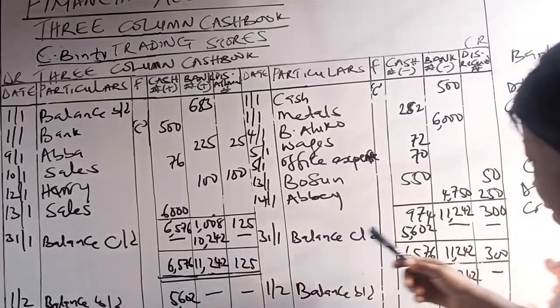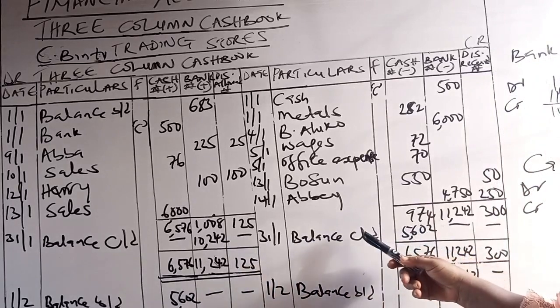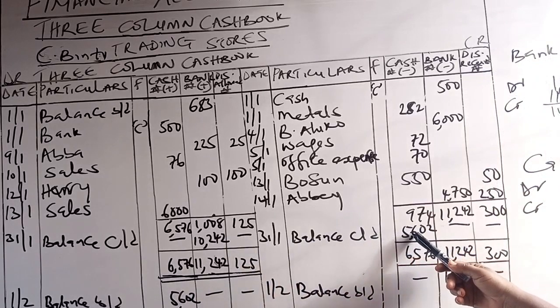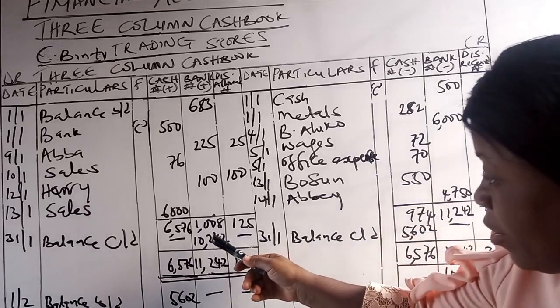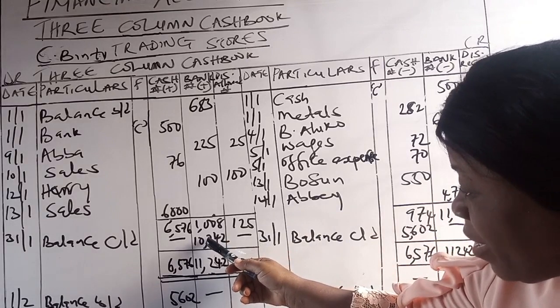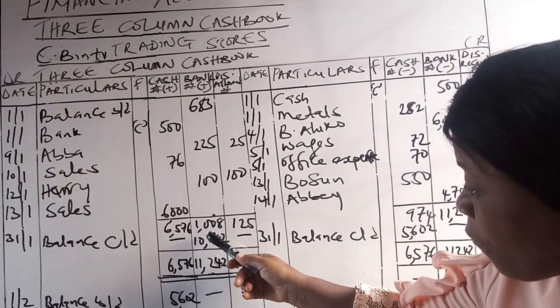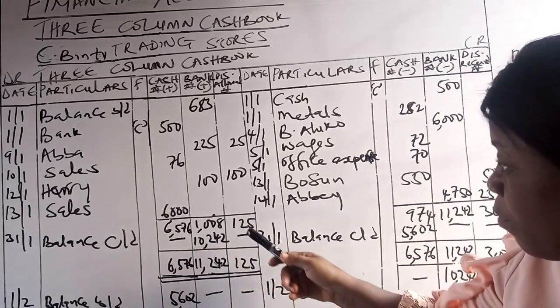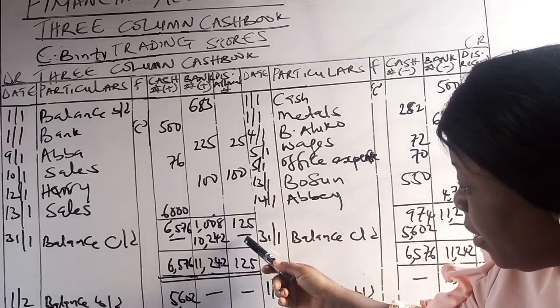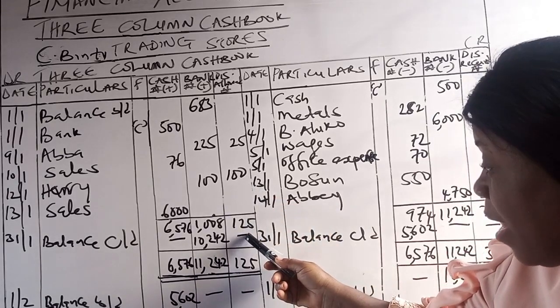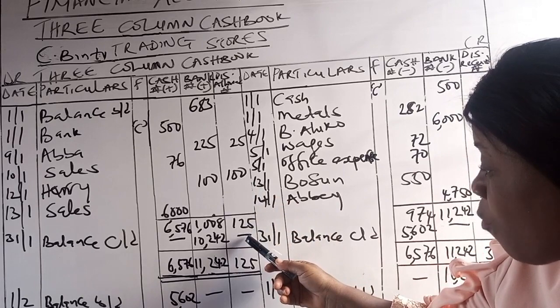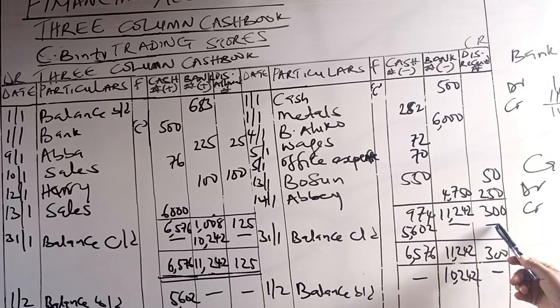We can notice that the balance carried down is only on the credit side of the cash column, and the one for bank is on the debit side of the bank column. But the discount allowed has no balance. So also the discount received has no balance. Why?